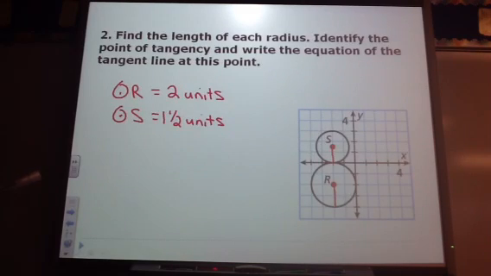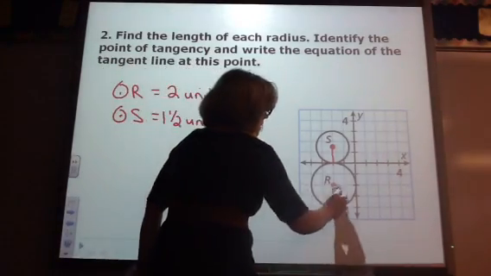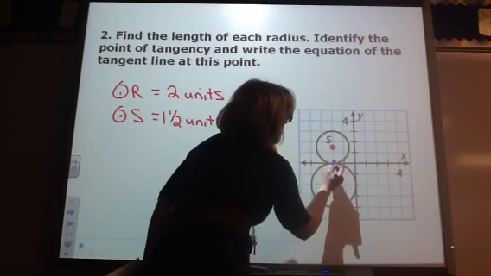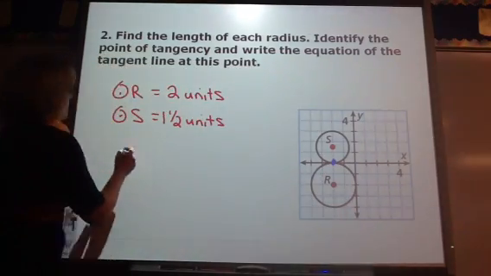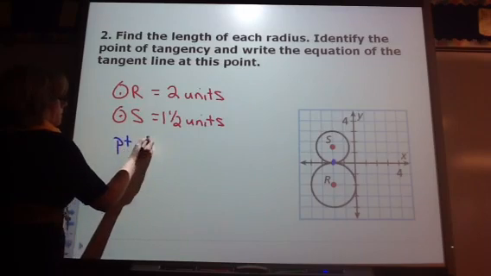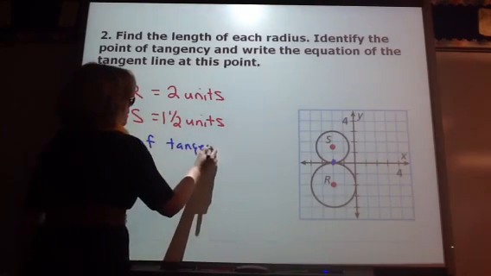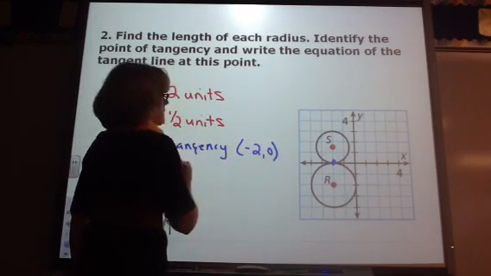And then we have point of tangency. Well, point of tangency is where the two circles intersect. They intersect right there, so you go left 2 and then don't move any. So point of tangency is left 2, 0.